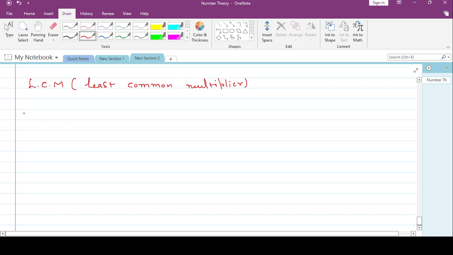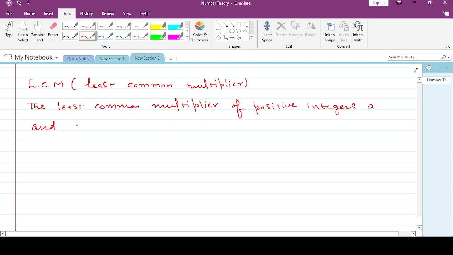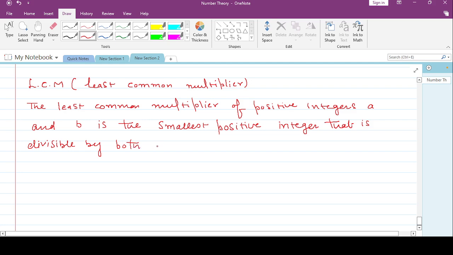Okay, the least common multiplier of positive integers a and b is the smallest positive integer that is divisible by both a and b.